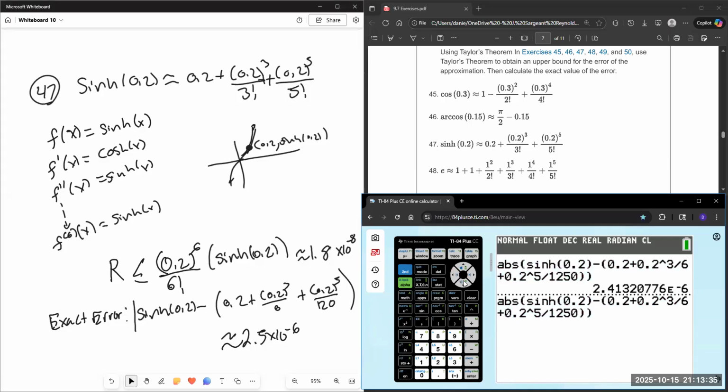That's 5 factorial is 120. There we go. So that's 2.5 times 10 to the negative ninth. That was just a typo typing it into the calculator. Hopefully you caught that before I did.